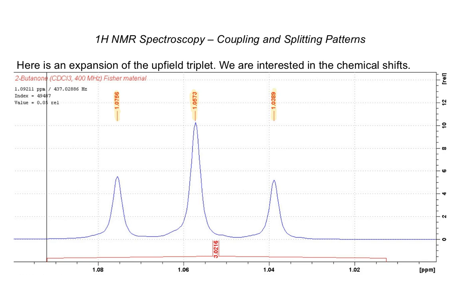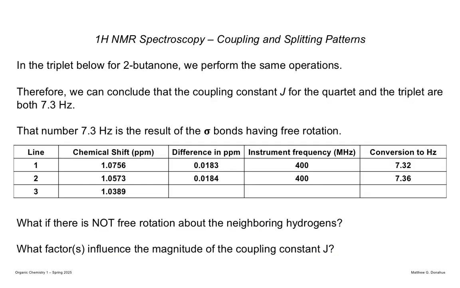We have 3 lines, and so 3 minus 1, that's 2 distances. Basically, what we're figuring out is, are those distances the same? We set up the same table. Here are the 3 lines and their chemical shifts.